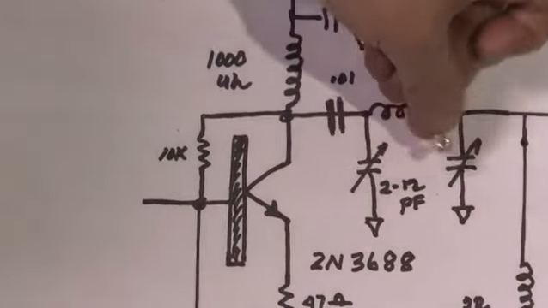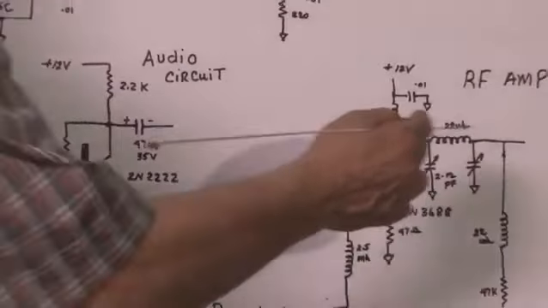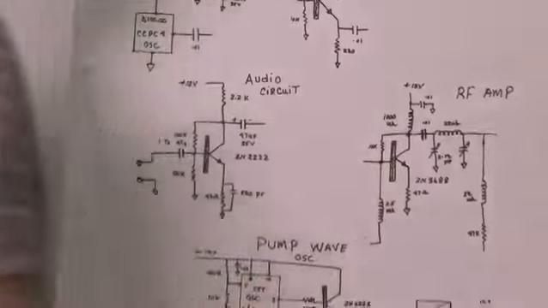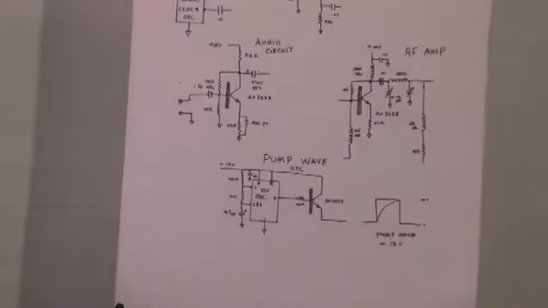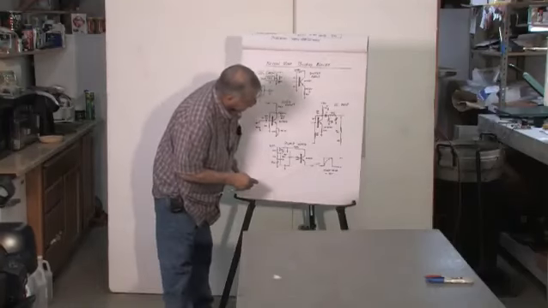Usually when I draw things, it's the circuit the way I'm going to lay it out. Exactly the way I'm going to lay it out. So basically your pump wave looks like this.